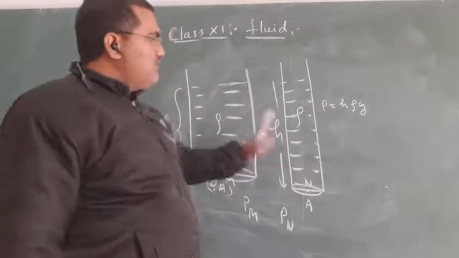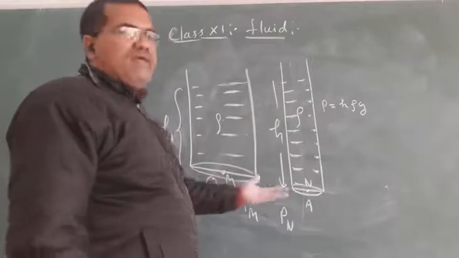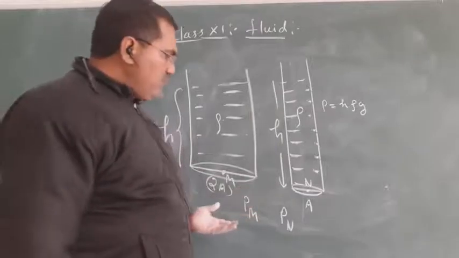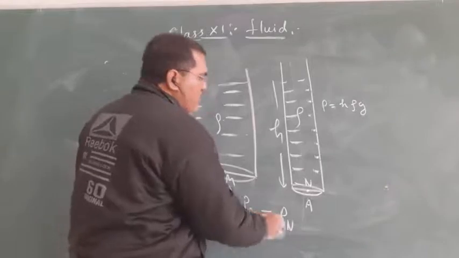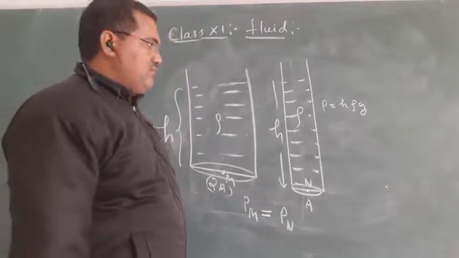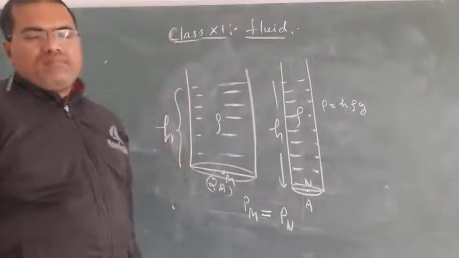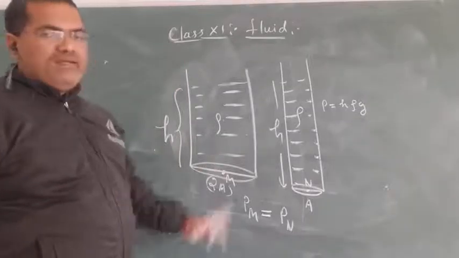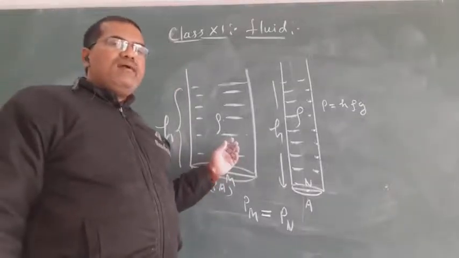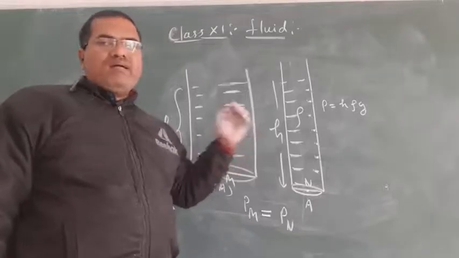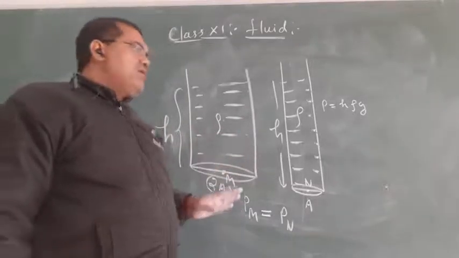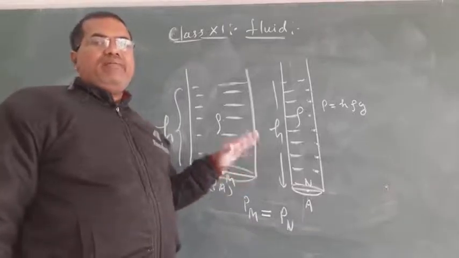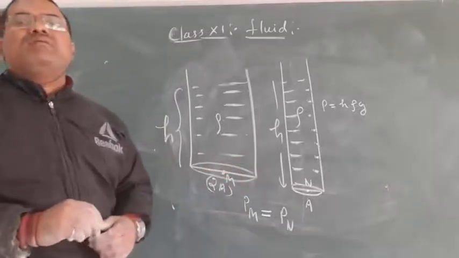Since height, rho and g are the same for both containers, pressure at M equals pressure at N. So pressure does not depend on the shape of the container. If the height is the same and the liquid is the same, then pressure will be the same at the same level. So write it down.